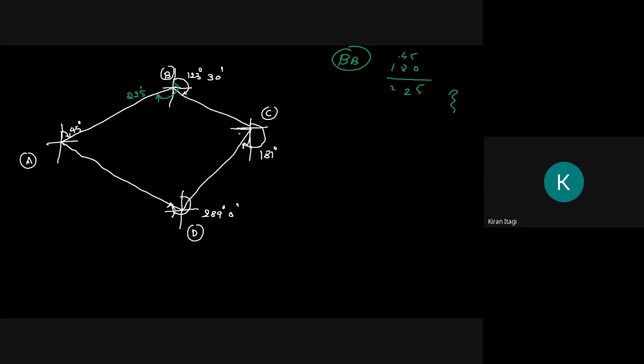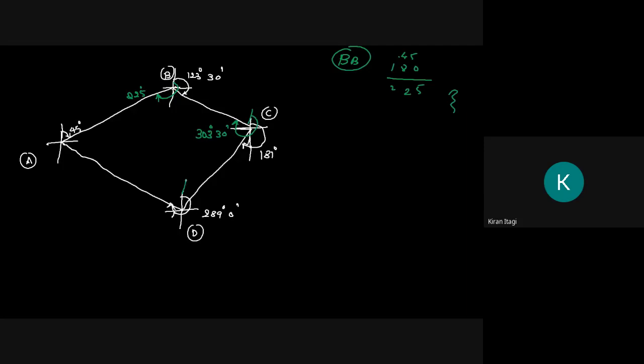Then here we want the back bearing for this line. Take from here to here. It will be 180 degrees plus 123 degrees 30 minutes. Therefore, it will be 303 degrees 30 minutes.